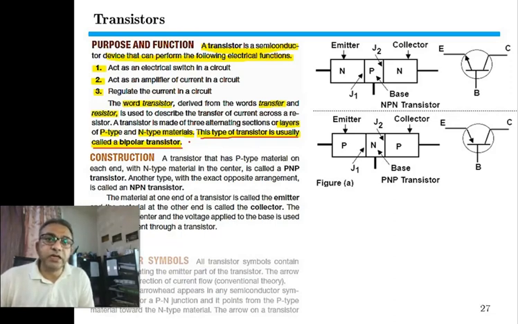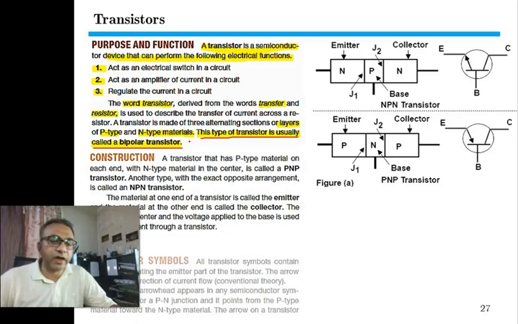But BJT is only one type of transistor. We have a variety of transistors. For example, after the BJT, there is the FET, the field effect transistor, and then there are MOSFETs, the metal oxide semiconductor field effect transistor.